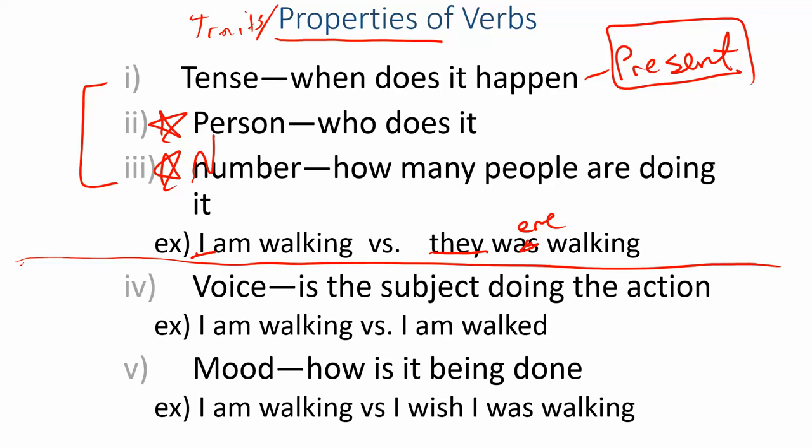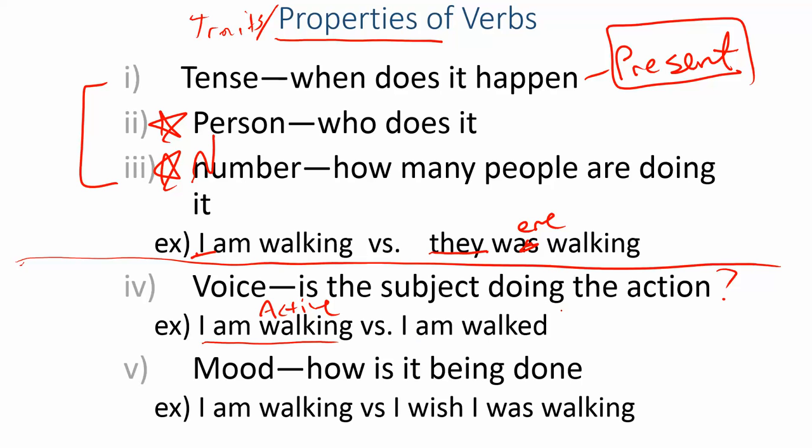And this year we're only going to deal with active voice. What that means is that the subject is doing the action. So voice asks the question, is the subject doing the action? If we look at example 1, I am walking, is the I the person walking? Well, yeah. But if we look at the second part of the example, it says I am walked.